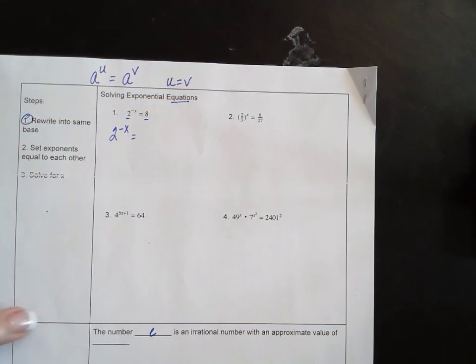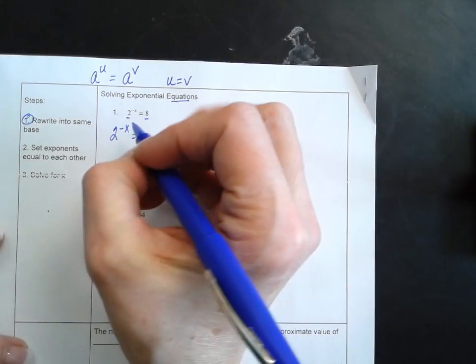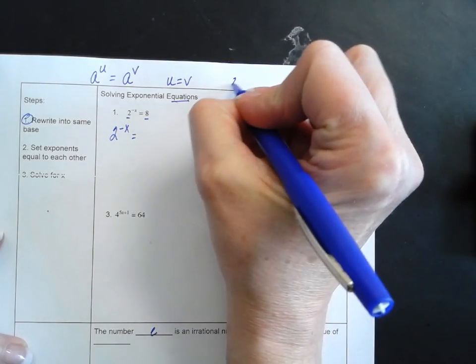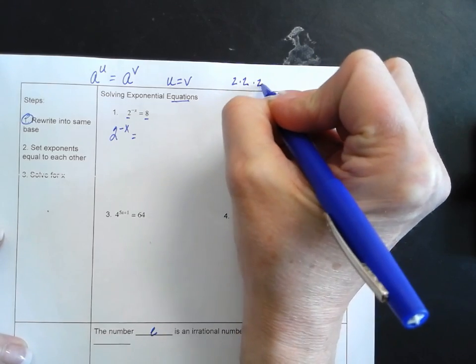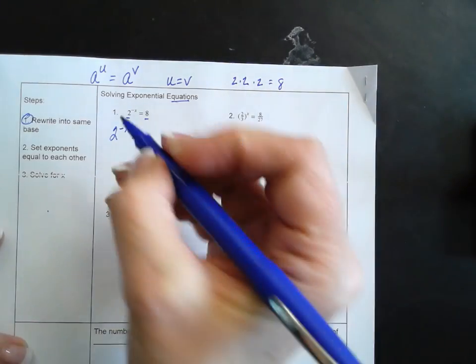So how can I rewrite 8 with a base of 2? How many times do you multiply 2 by itself? No. 2 to the 4th is what? It'd be 2 to the 3rd, because 2 times 2 times 2 gives me the 8.